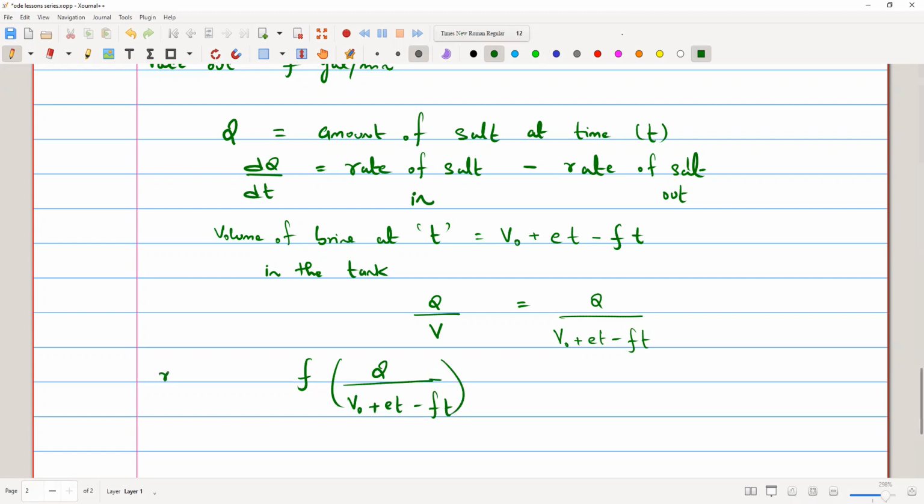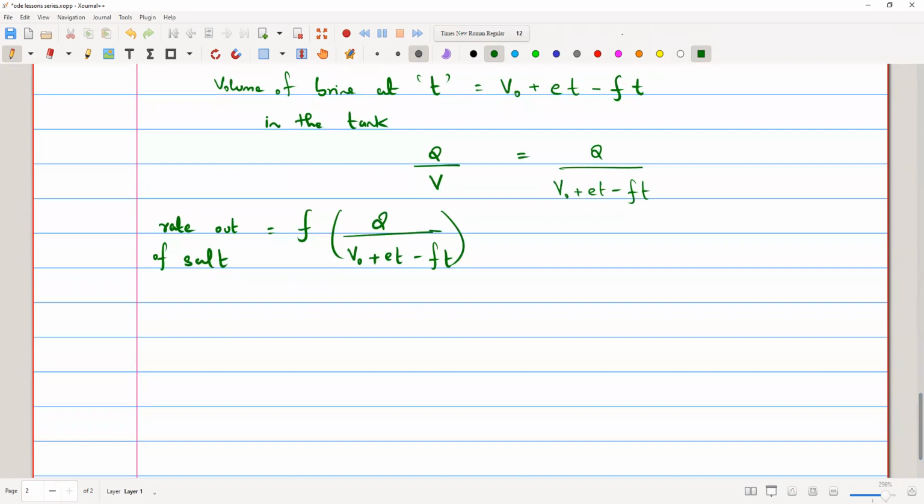So this is the rate out of salt at any time t, given by F times this expression, the concentration of the salt.